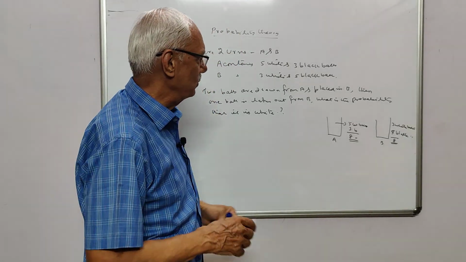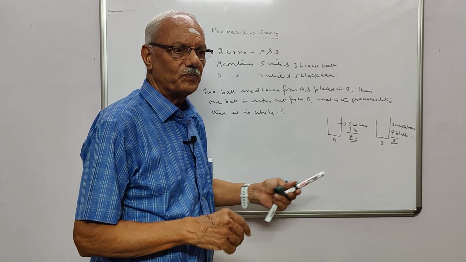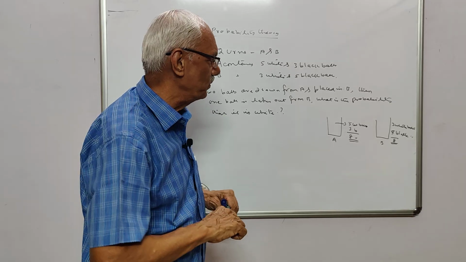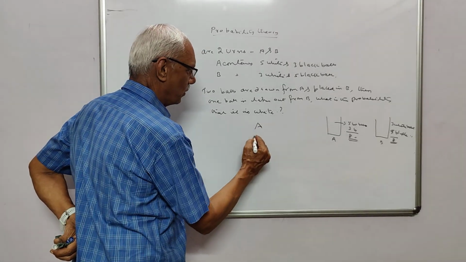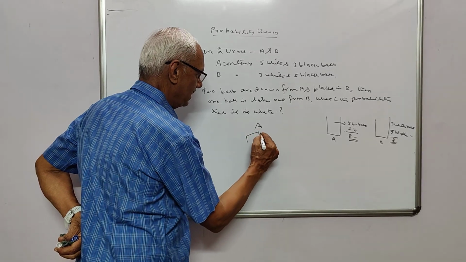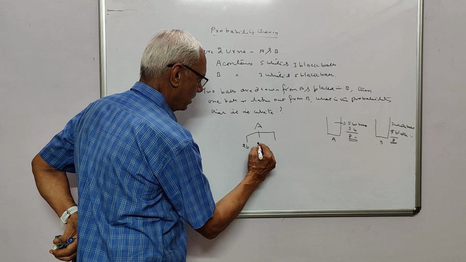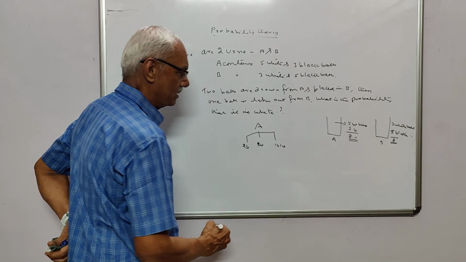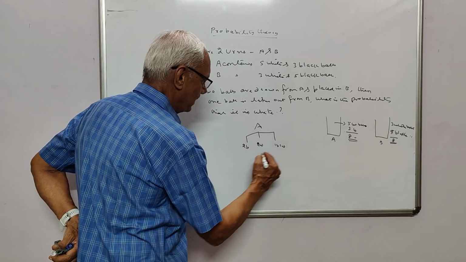When you pull 2 balls out from this A, there are 2 possibilities. I will put it like this. A, you pull 2 balls out. Here it can be 2 black balls or 2 white balls or 1 black, 1 white. And then you just drop this in.